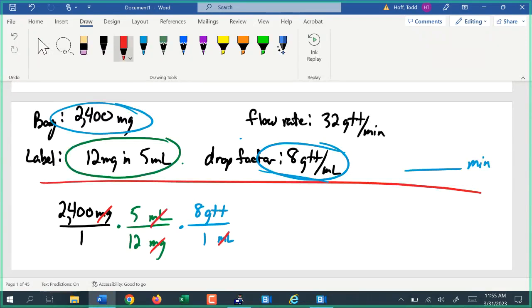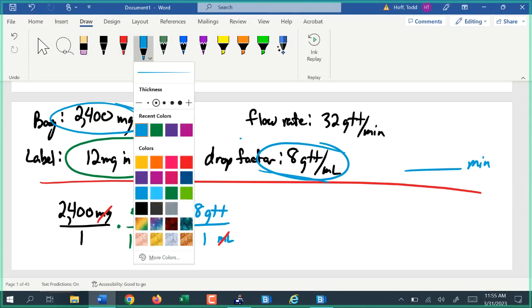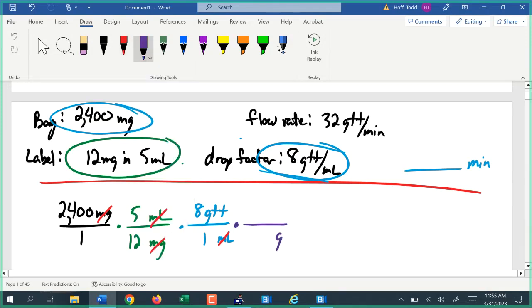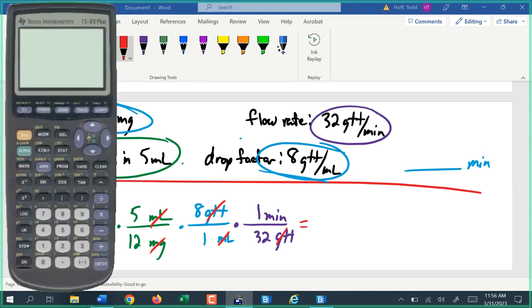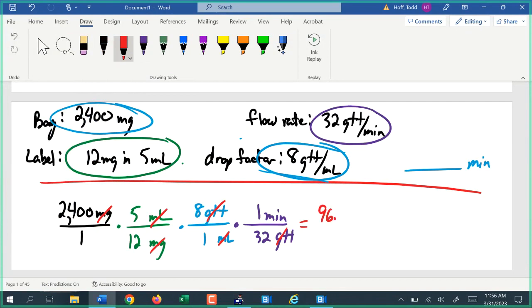I have 8 drops as my drop factor. Want to get rid of the drops. Well, the final piece of information we have here does have drops in it. That is the 32 drops per minute. So 32 drops on bottom, 1 minute on top, and the drops will cancel out. So on top here, we have 2,400 times 5 times 8 times 1 minute, which is going to give us, I believe, 96,000 minutes.